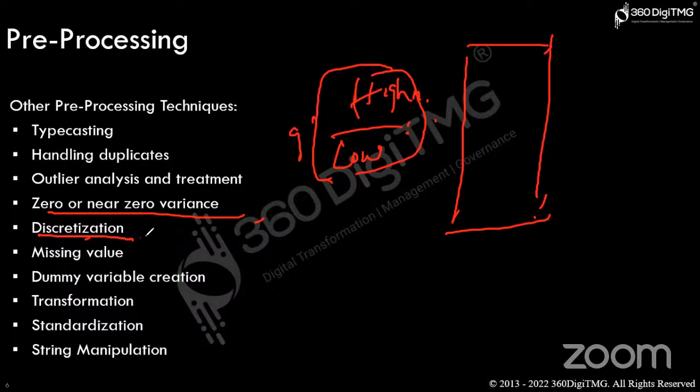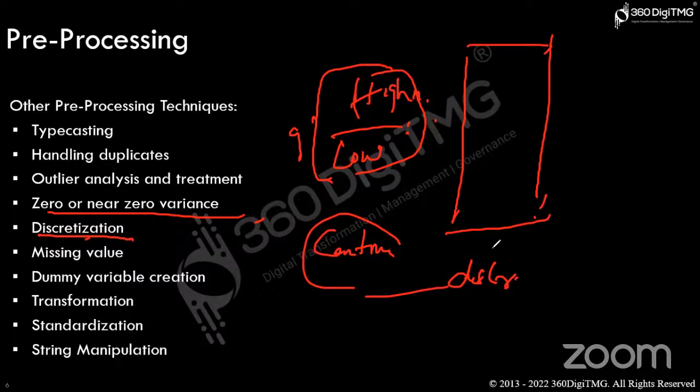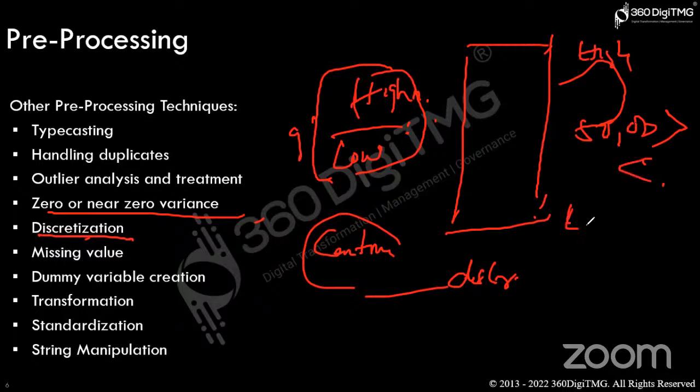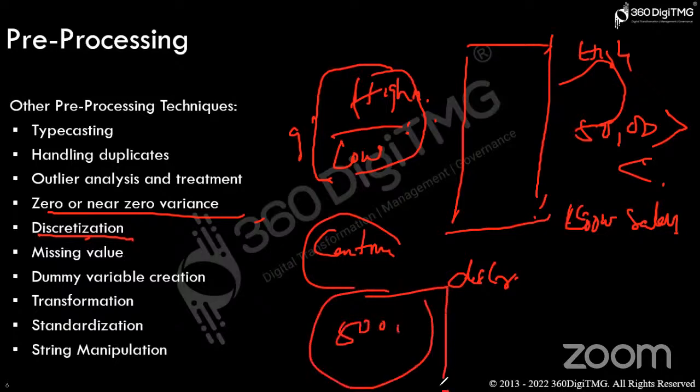You are simply converting the continuous values into discrete. In that case, you can say whoever has more than 50,000 salary comes under high salary, and whoever has less than 50,000 comes under low salary. These salaries are continuous values, and you are converting the continuous into discrete. It is called discretization, or you can say binning as well.